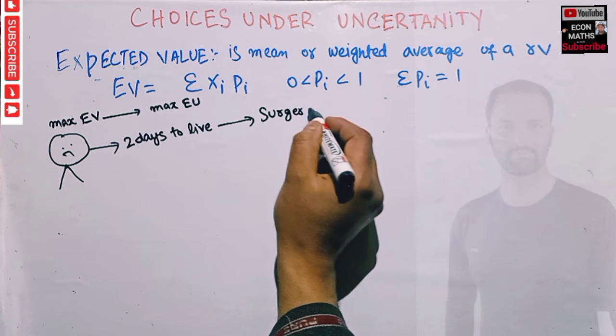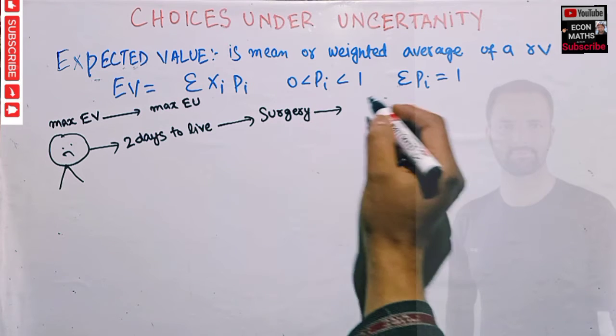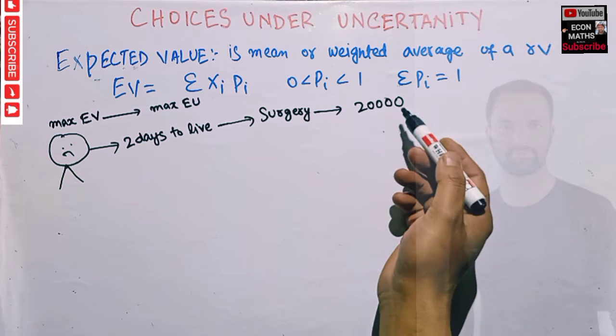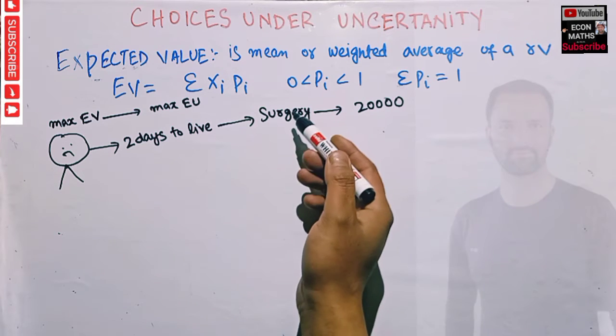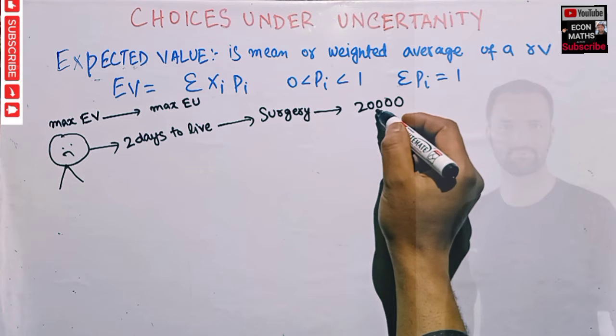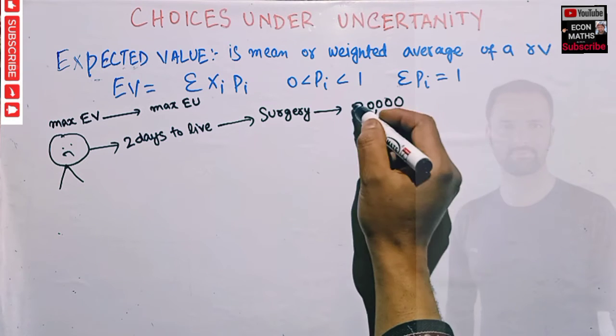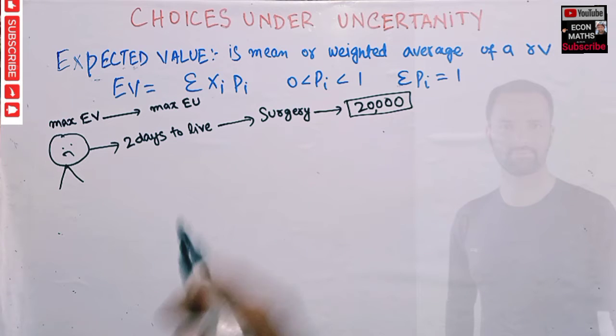This surgery costs exactly $20,000. If he is able to produce $20,000, he will undergo surgery and be able to live, otherwise he will die in 2 days.